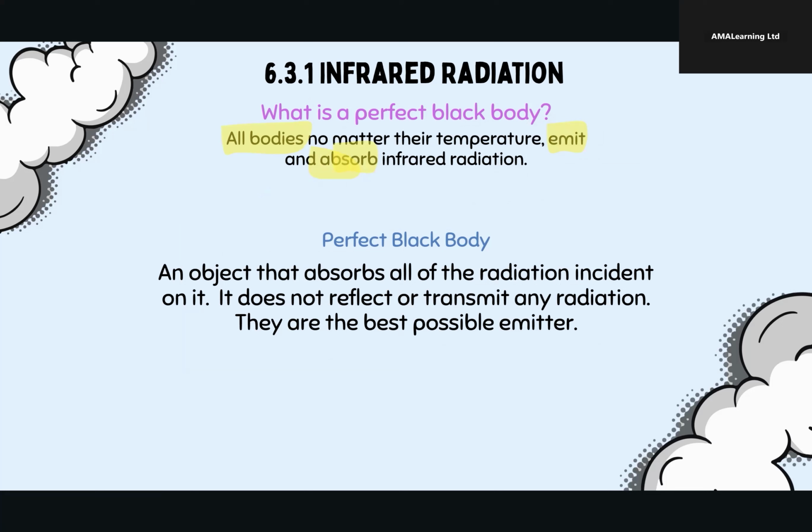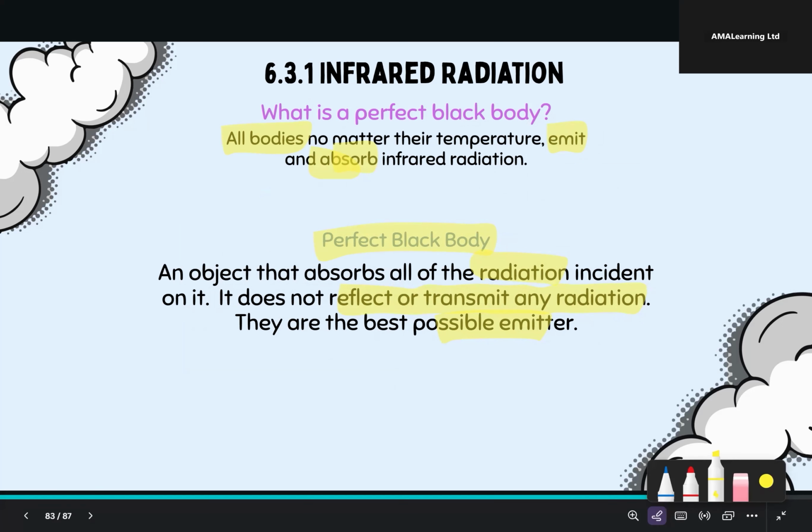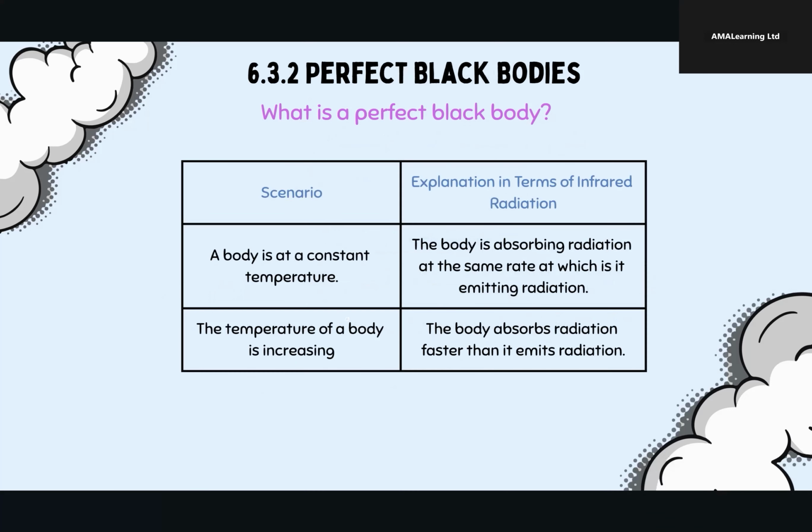So when we say something's a perfect black body, we mean an object that absorbs all the radiation that comes in contact with it. It does not reflect any of it or transmit any of that radiation. So in that respect, it's the best emitter. So it absorbs all the radiation and it emits all of the radiation. So you've got an object.